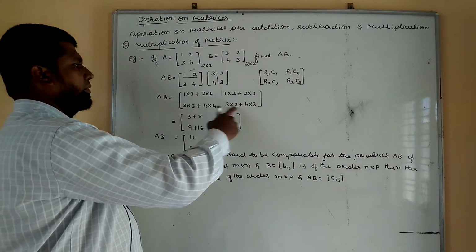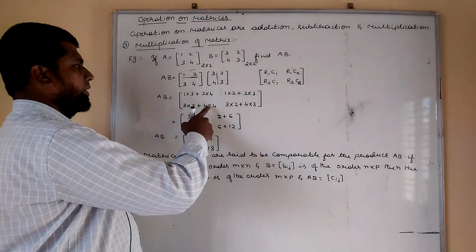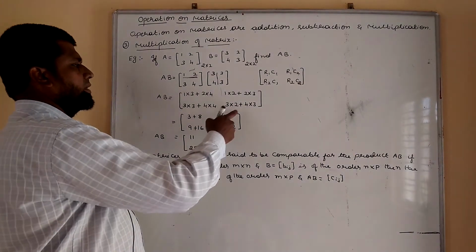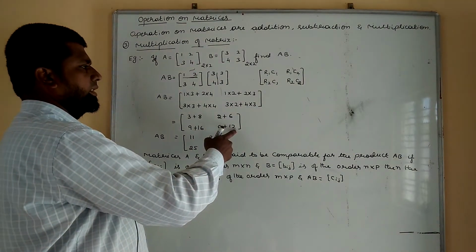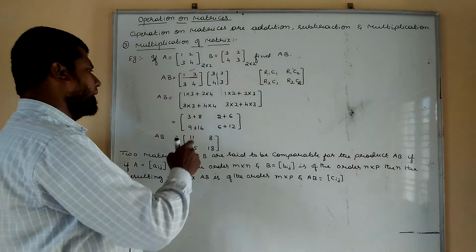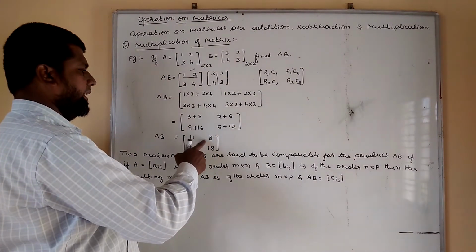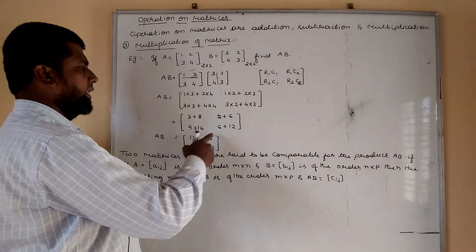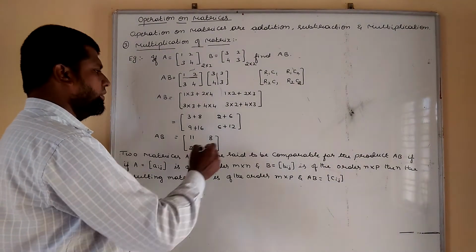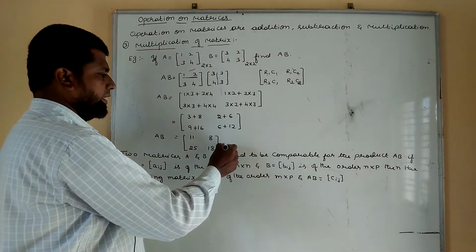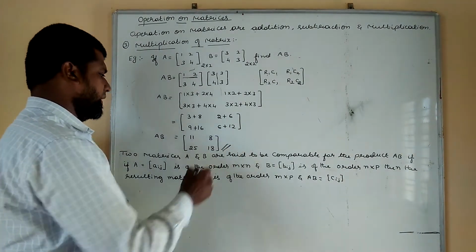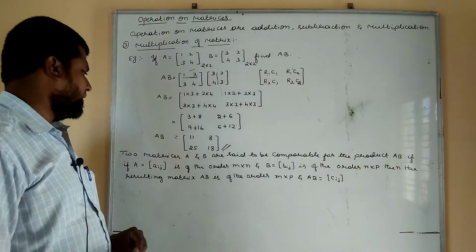And in the second row, 3 into 3 is 9, 4 into 4 is 16. 3 2s are 6 plus 4 3s are 12. And adding these, 3 plus 8 is 11, 2 plus 6 is 8, 9 plus 16 is 25, 6 plus 12 is 18. So we got AB. So that is multiplication of matrices.